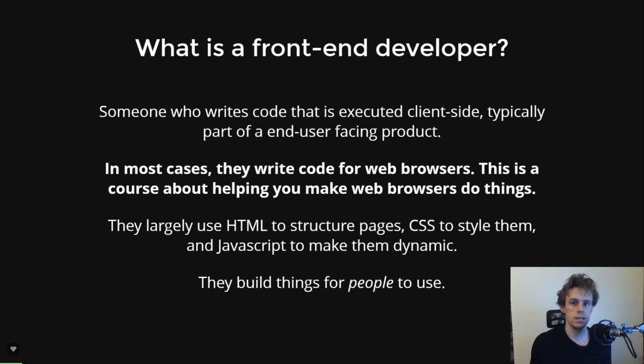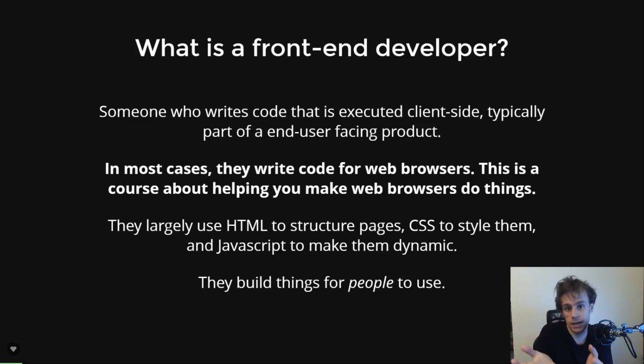But all of these things are interfaces, and in most cases these days, the code front-end developers write for these interfaces is written for web browsers. So Google Chrome, Firefox, Safari, Microsoft Edge, and everything else.